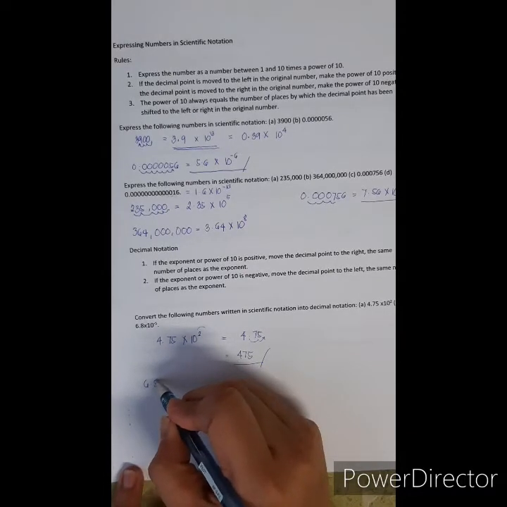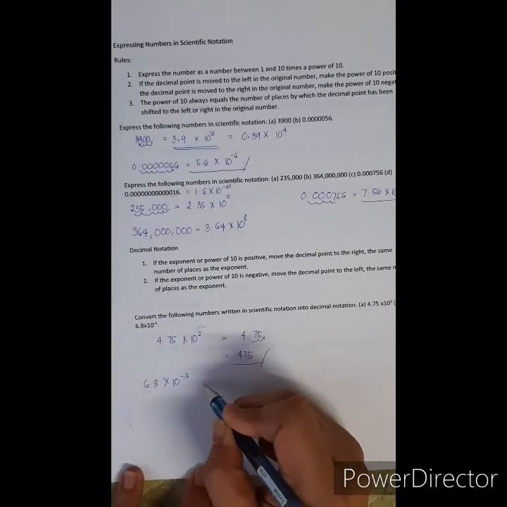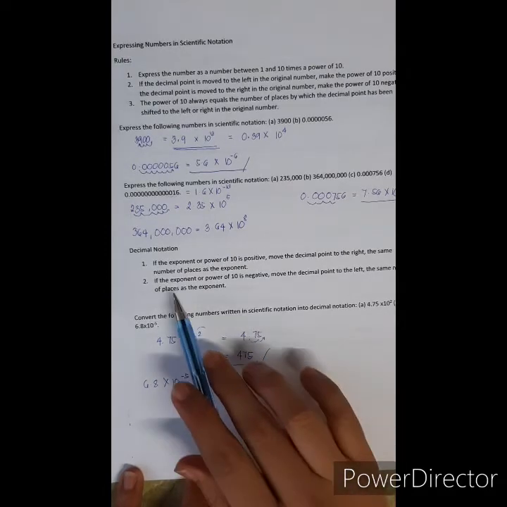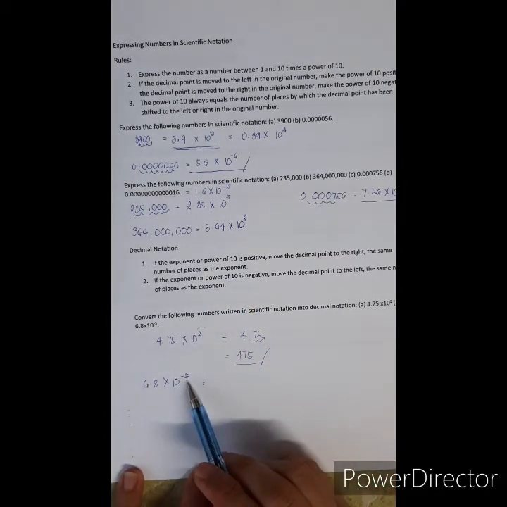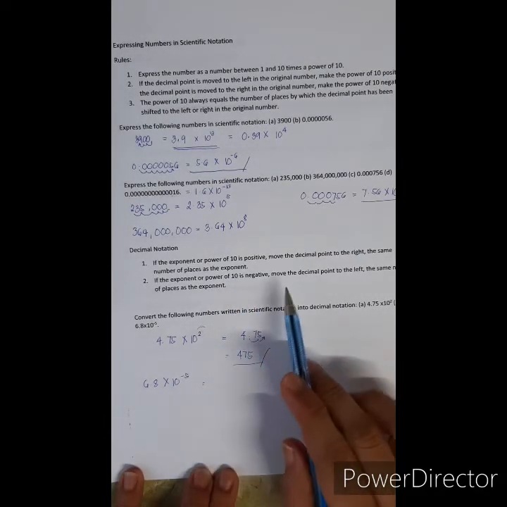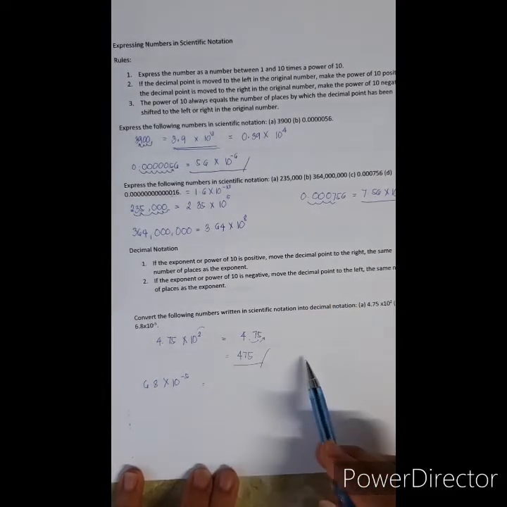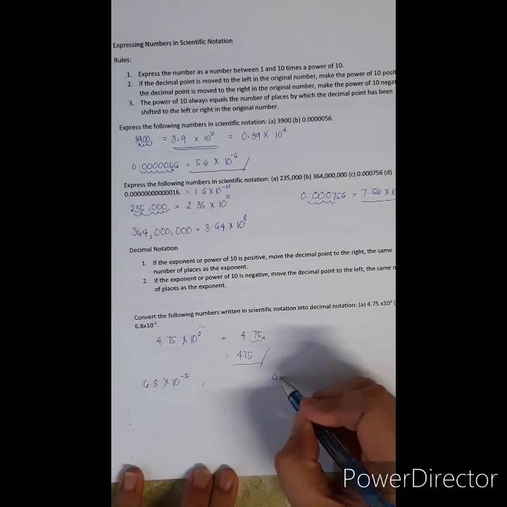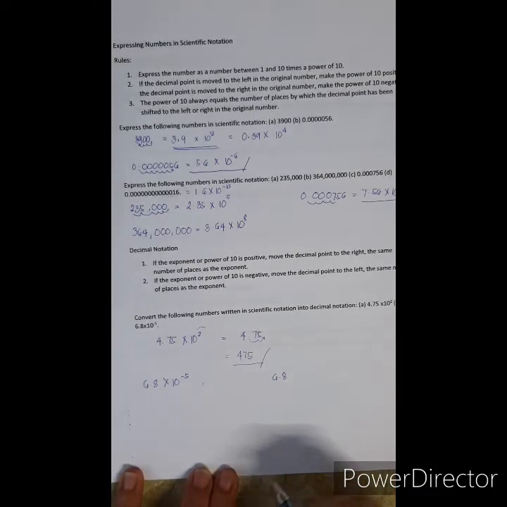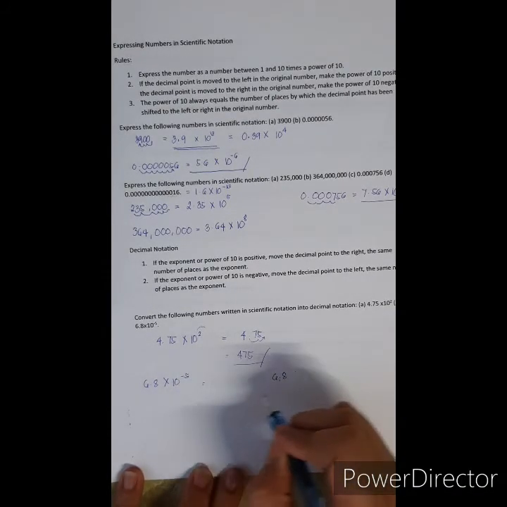6.8 times 10 raised to negative 5. Okay? So, if the exponent or power of 10 is negative, which is the same as this example, move the decimal point to the left. So, to the left. Pag ganon. So, originally, 6.8, move daw natin ng decimal places to the left. Okay? So, negative 5.